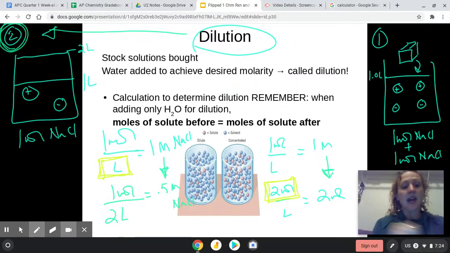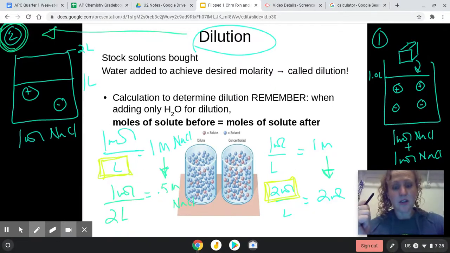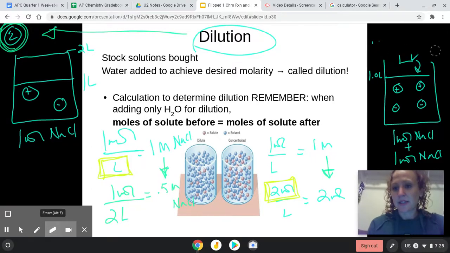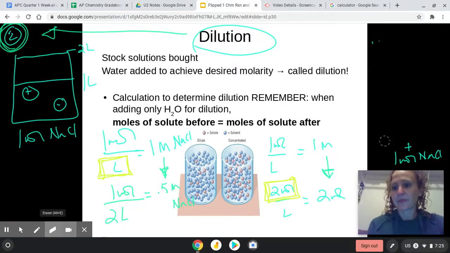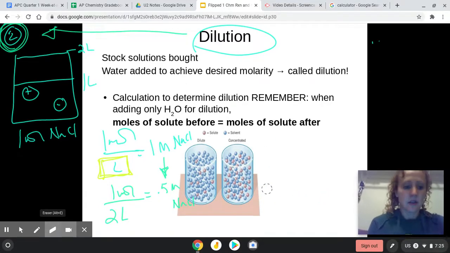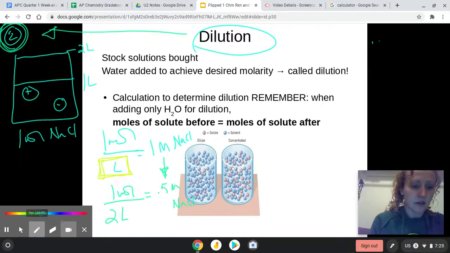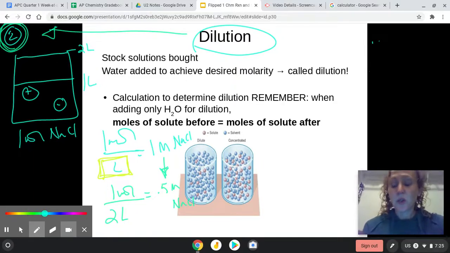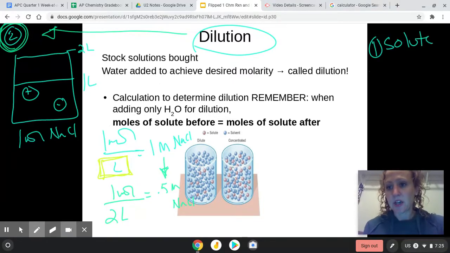And the catch here on the math is, let me erase this side a little bit. Okay, so you really have three things to keep track of. You have the solute, which is measured in moles, right?